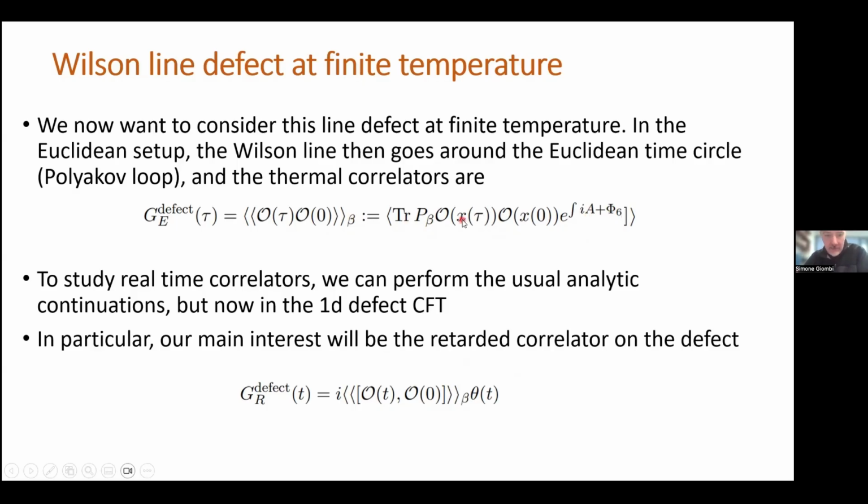Then we can go to real time following similar procedures as I explained before. In particular, the retarded correlator will be given again by this kind of commutator that you get by starting from this, defining Wightman functions and so on.